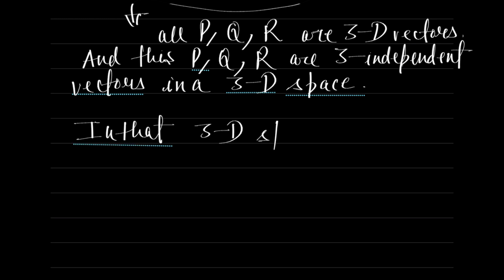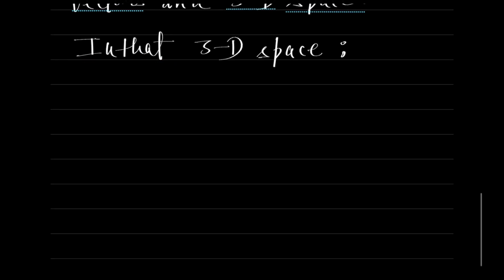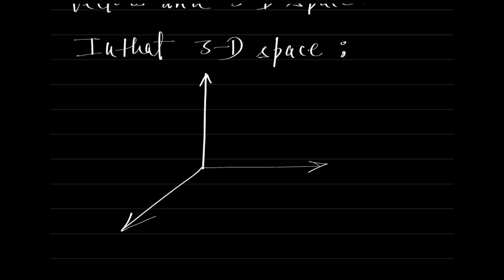In that three-dimensional space, let us suppose our three vectors are P, Q, and R. Then in this three-dimensional space, we have a vector which is orthogonal.